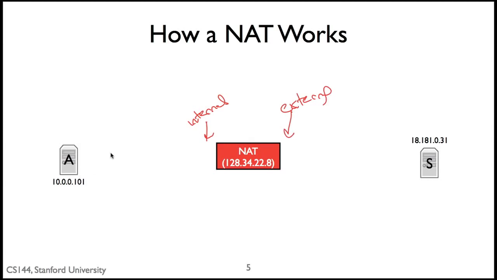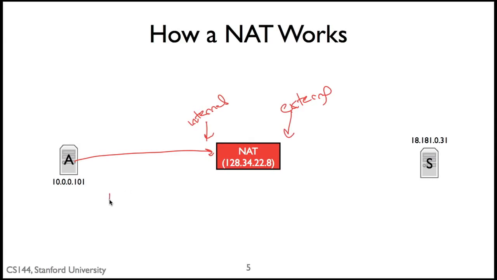So generally speaking, when the NAT sees packets from nodes on its internal interface destined to nodes on the external interface, that is the internet at large, it might generate a mapping in response to those packets. So in this case, let's say A is trying to open a packet to server S, port 22.